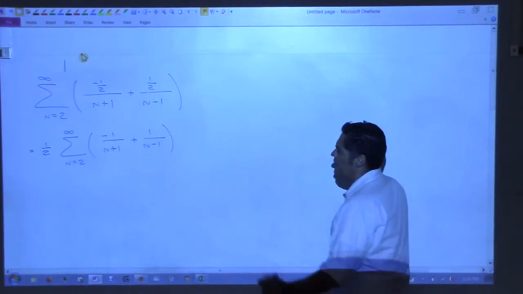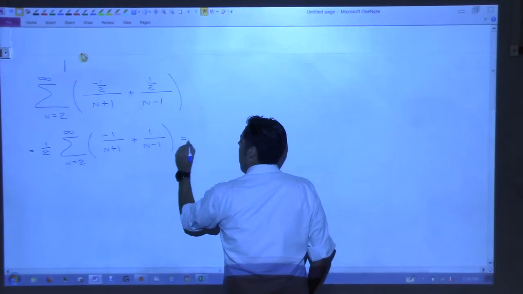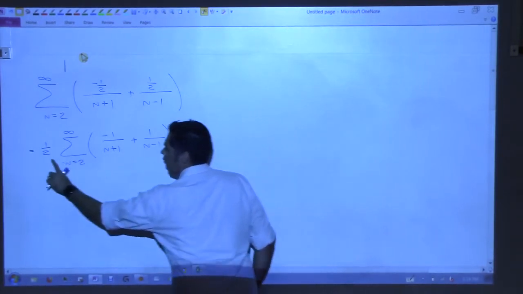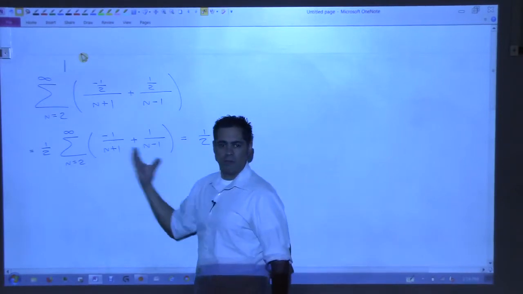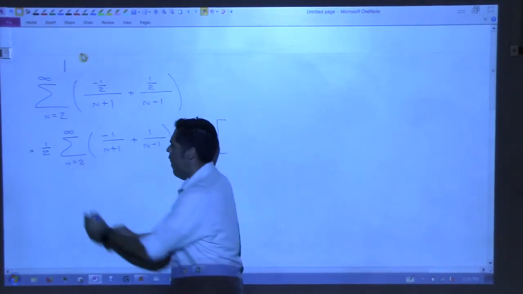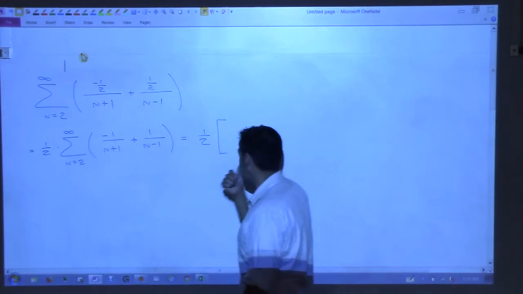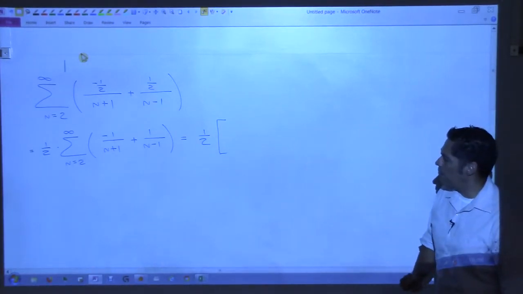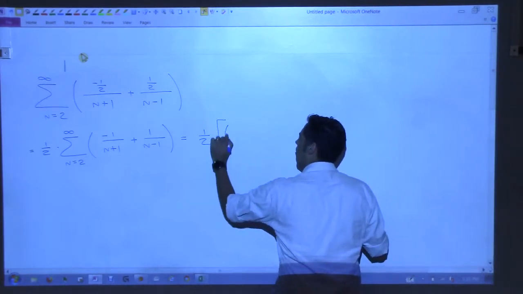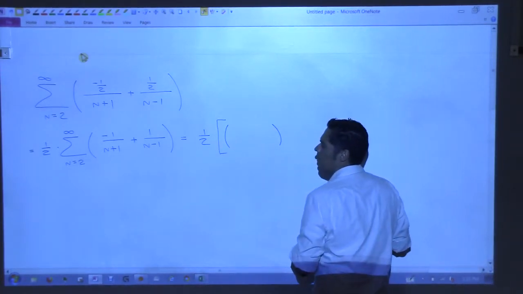Okay, so now let's start writing this out. Wouldn't this be 1/2 times whatever this sum is? Now let's start plugging things in here. Let's start with n equals 2 and see what that first piece would be. So what would happen if I plug in 2 for n?